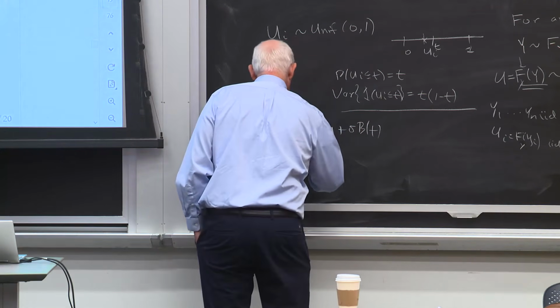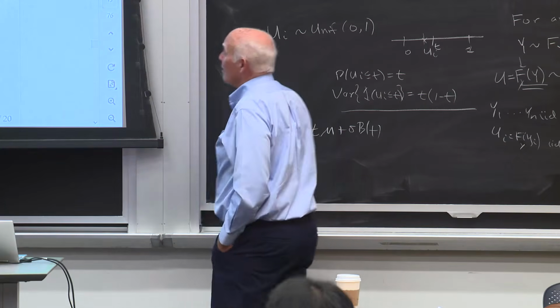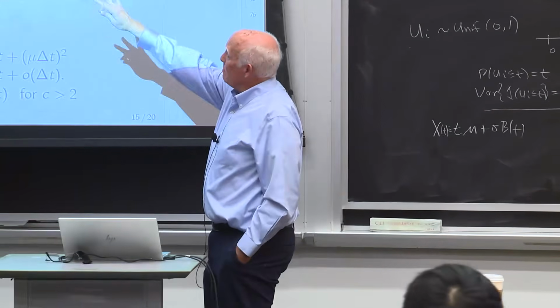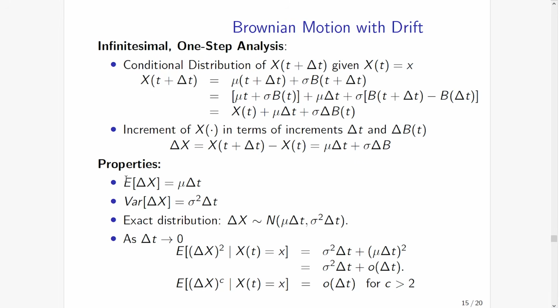So this is x of t. If we look at the increment ahead delta t from little t, then expanding out the representation of this Brownian motion with drift, we get that it's equal to the Brownian motion at time little t plus mu delta t plus sigma times the increment of the Brownian motion process from t to t plus delta t.